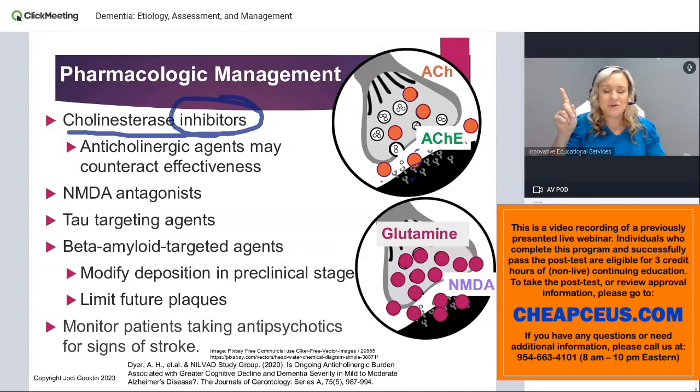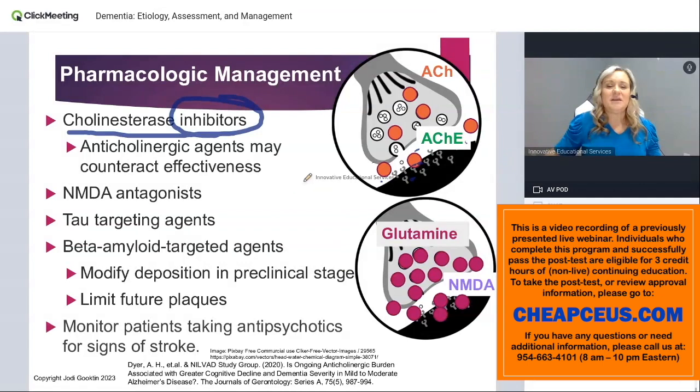Okay, so taking that to another level, something we need to be aware of with our patients is if they tell us, or we know in our medication review, that that individual is taking other medications, certain antidepressants, certain bladder medications for incontinence, those medications are actually anticholinergic agents.